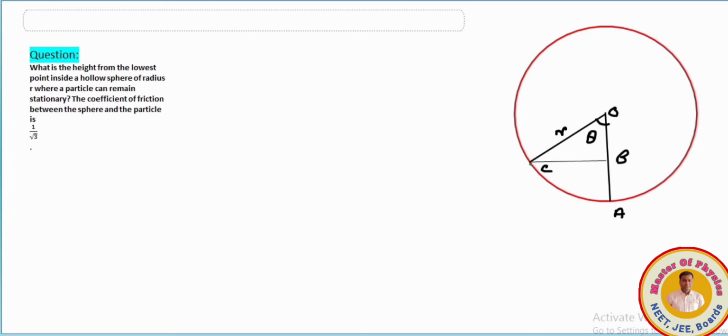The particle at the point C remains stationary and attains a height AB. From the lowest point A, this height is h. Then OB equals r minus h.